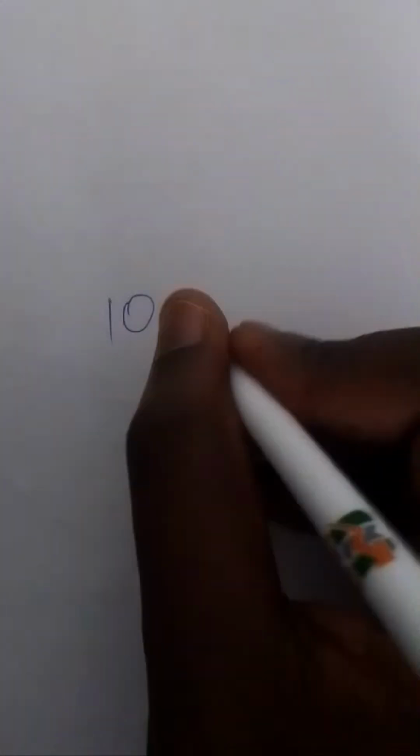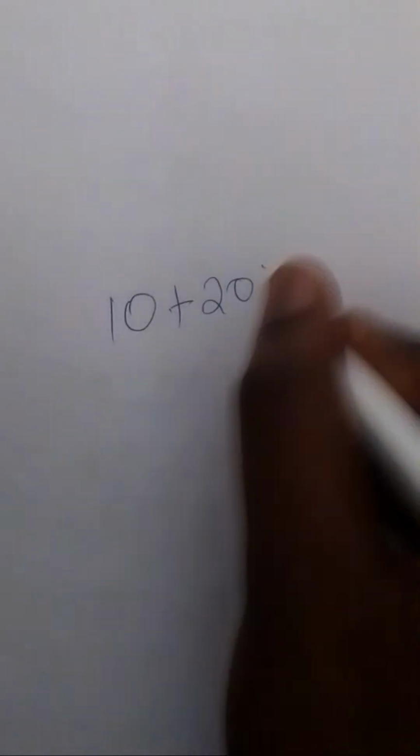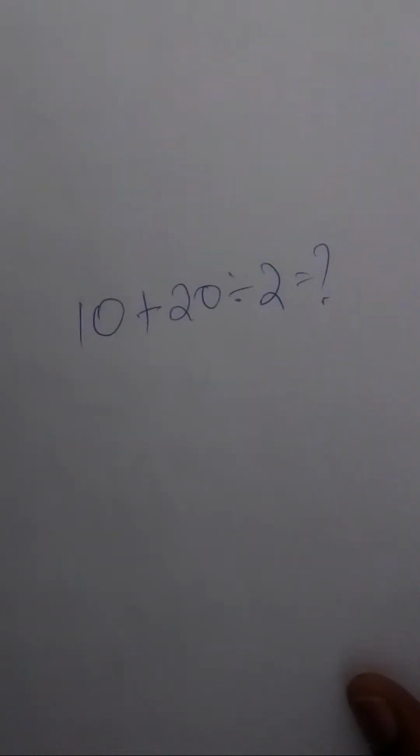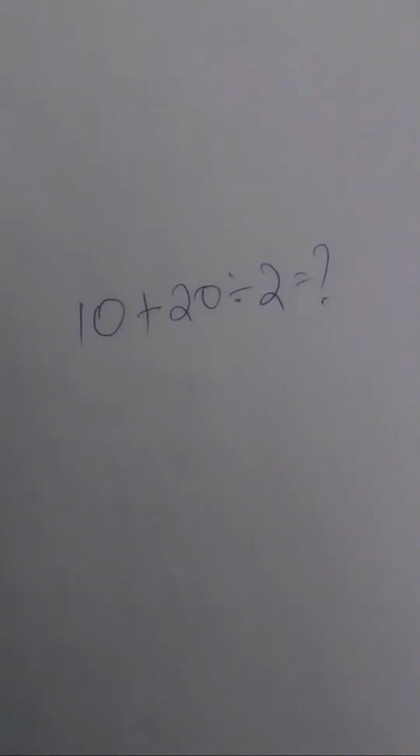Now here we have 10 plus 20 divided by 2. So what's the answer for this? 10 plus 20 divided by 2.